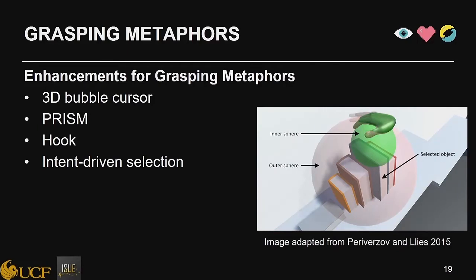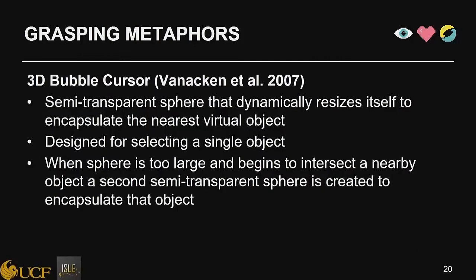Now, there are enhancements to the grasping metaphor, okay? The 3D bubble cursor, prism, hook, and intent-driven selection. So we'll talk about how we can enhance the grasping metaphor, make it a little bit easier to do. One of the things that you always notice in VR is you look at the techniques, and somebody can explain the techniques to you, and then you actually go try them, and you find out they're a lot harder than you thought they were.